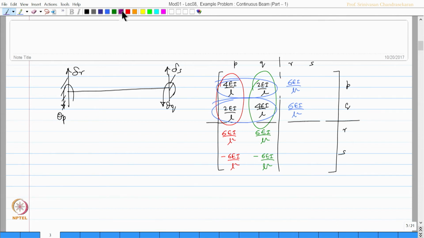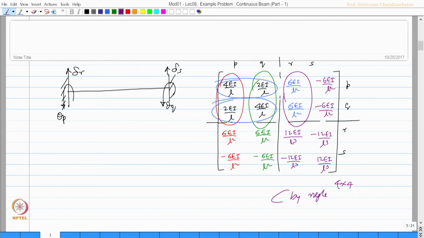Then adding these two, divide by L, 12 EI by L cube minus 12 EI by L cube, and the last column is negative of the third column. So, minus 6 EI by L square, minus 6 EI by L square, minus 12 EI by L cube and plus 12 EI by L cube. That is a standard stiffness matrix of size 4 by 4 by neglecting axial deformation.